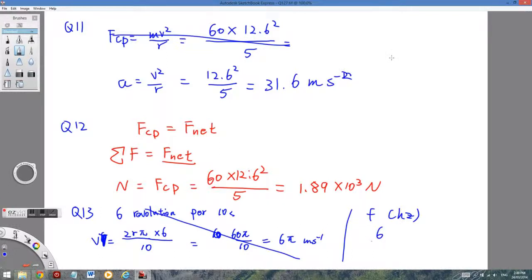So 1 hertz means 1 revolution per second. In order to find the value of frequency, I need to use the number of revolutions divided by the number of seconds. So 6 divided by 10. I have 0.6 revolutions per second. So I have 0.6 hertz.